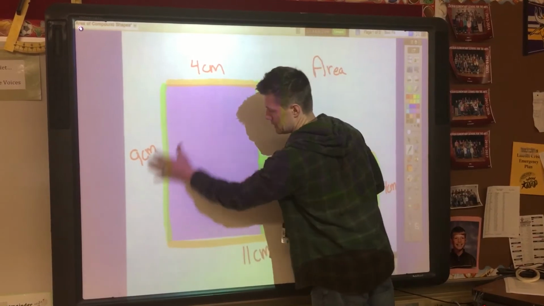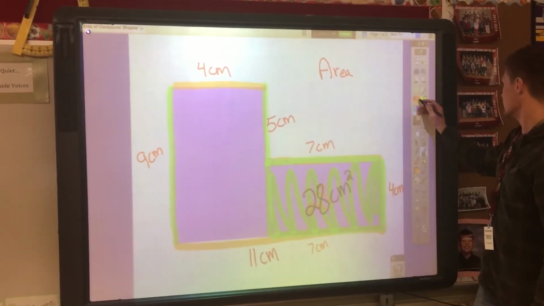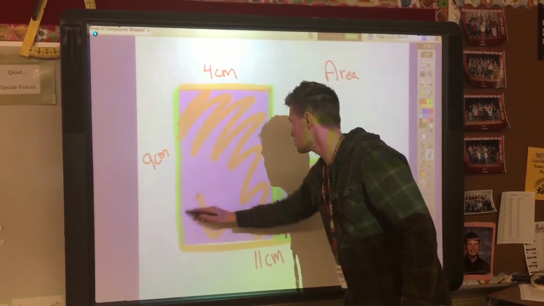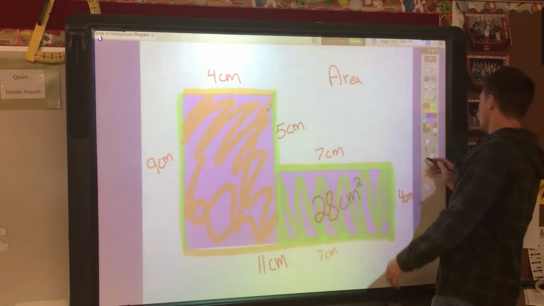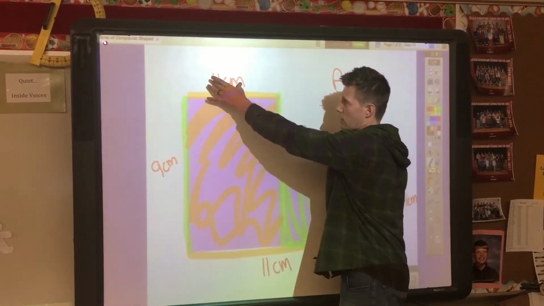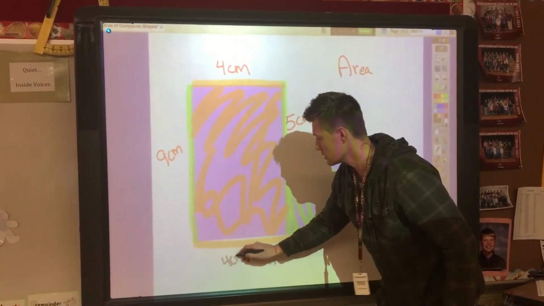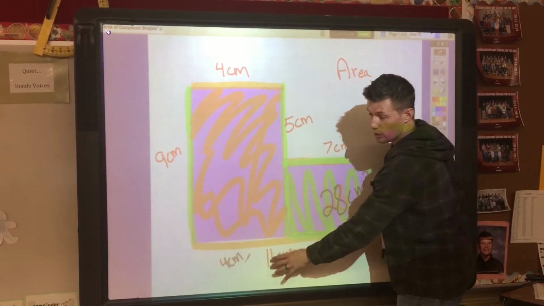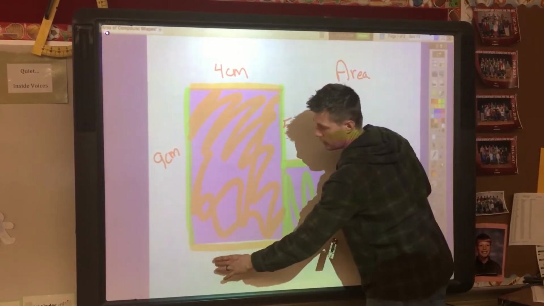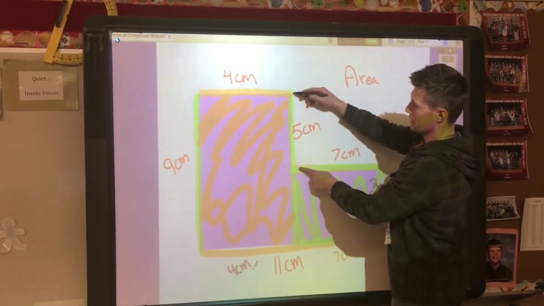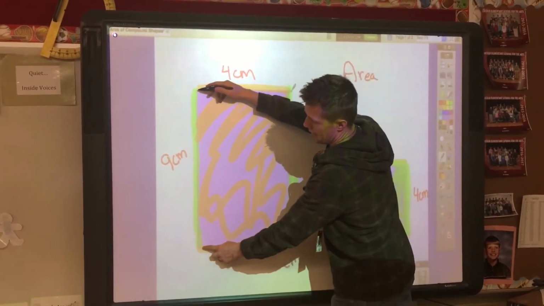Then we have this piece here. We will see our area is now this big rectangle, and we see that if this is 4, our base for this piece will be 4 centimeters. No longer 11, but 4. And our height is not going to be this 5, because that's only from here to here, but rather the 9.